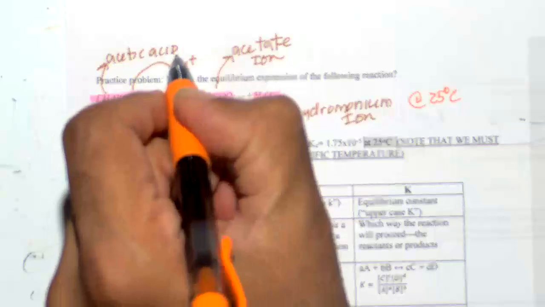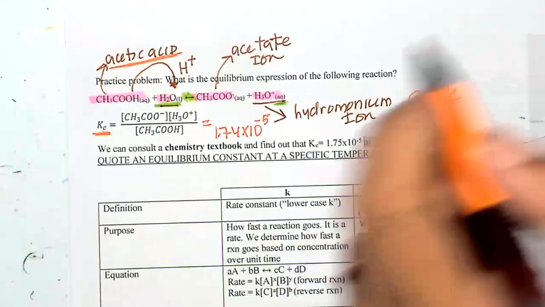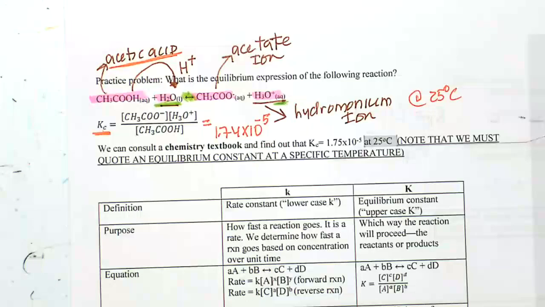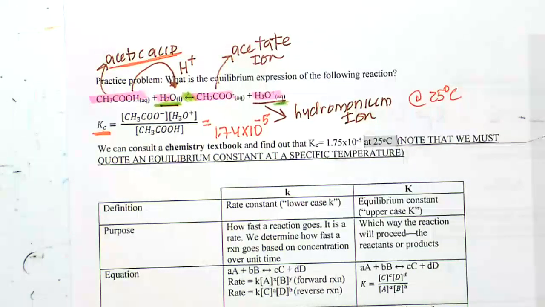So tell me, is acetic acid a weak acid or a strong acid? Look at the value of this number, 1.74 times 10 to the minus 5.